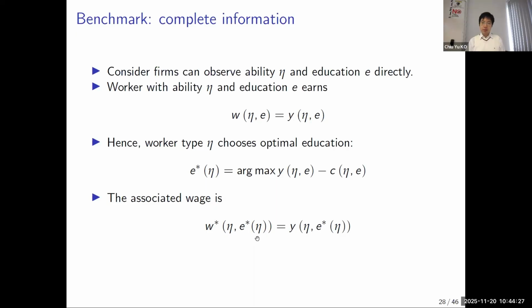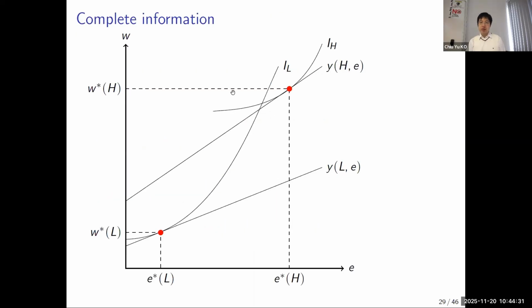So in the two type case, it will be this graph. We make everything linear to make our life easier. This is the high type productivity, this is the low type productivity. You see the way I draw it, YH is much steeper than YL.